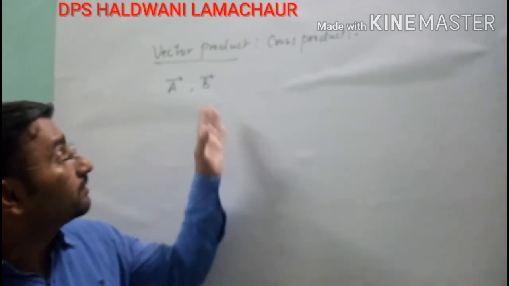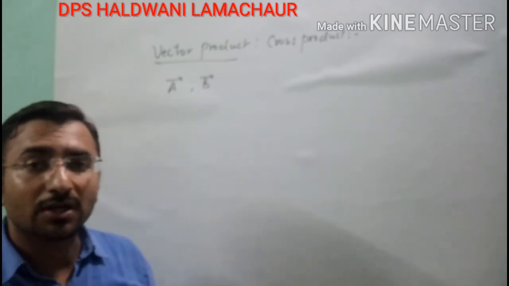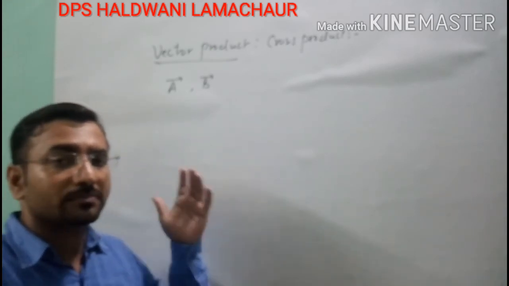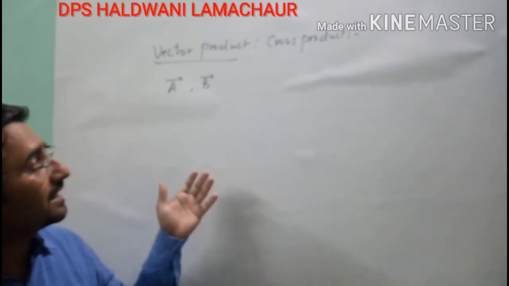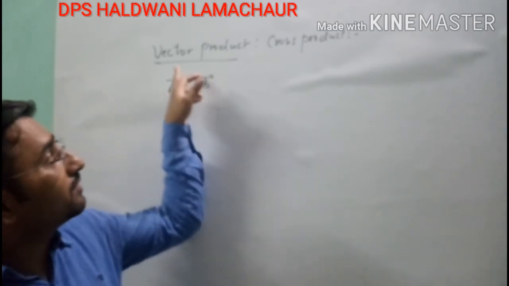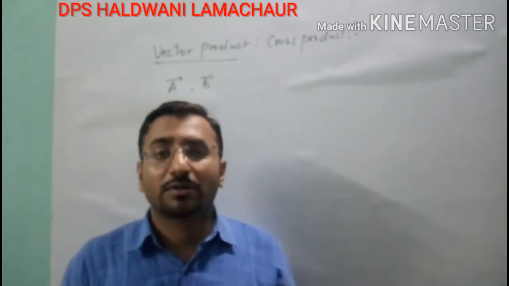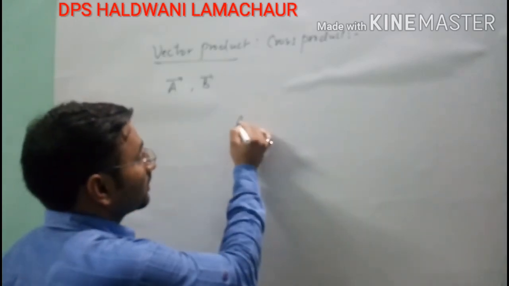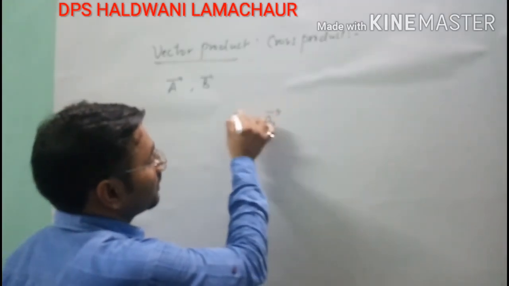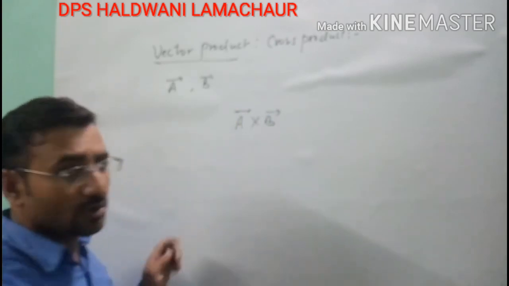When we talk about the definition of the cross product of two vectors, or vector product, listen carefully. Here we are dealing with the vector product, which means A cross B. That's why this is also known as cross product.